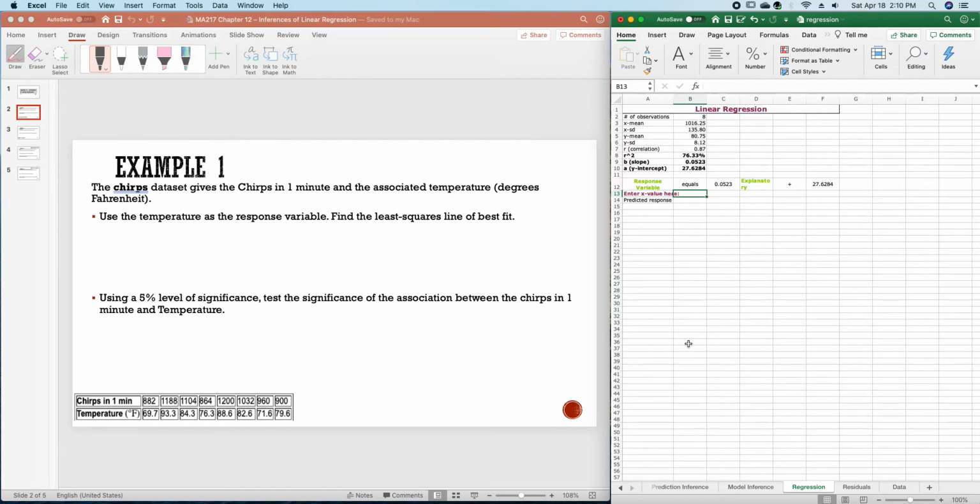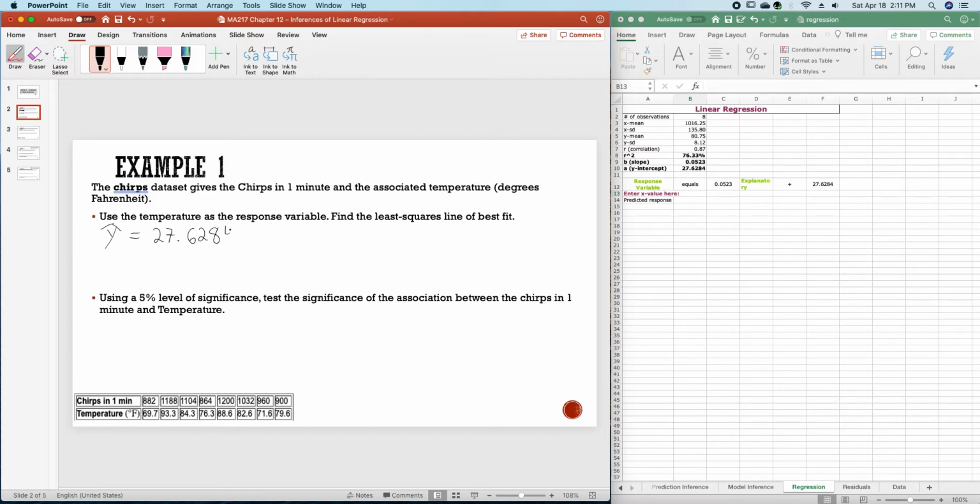But we do need that line of best fit, so y hat is going to be equal to 27.6284 plus 0.0523x.